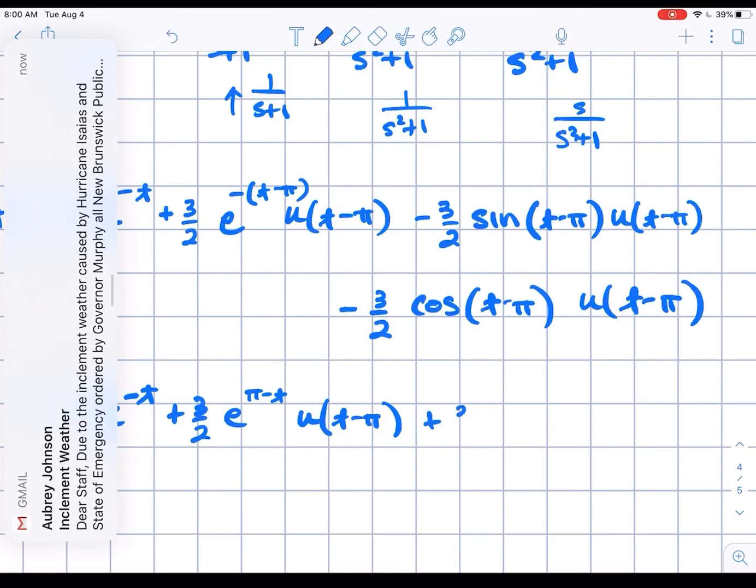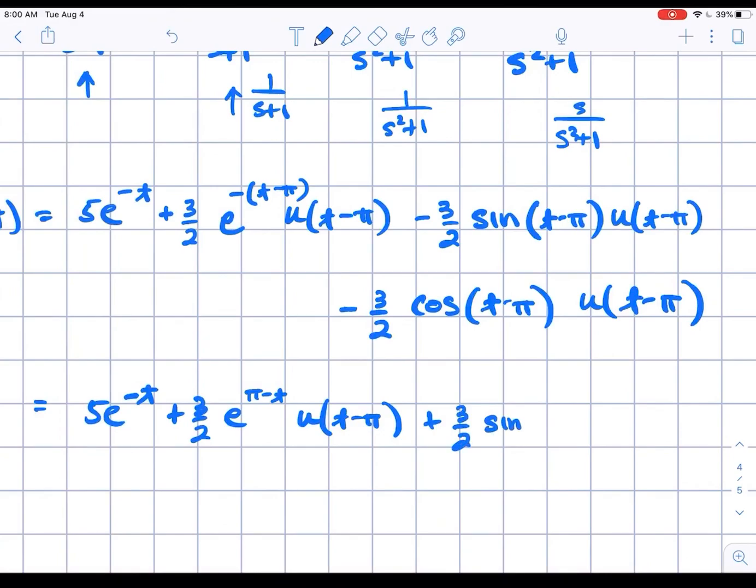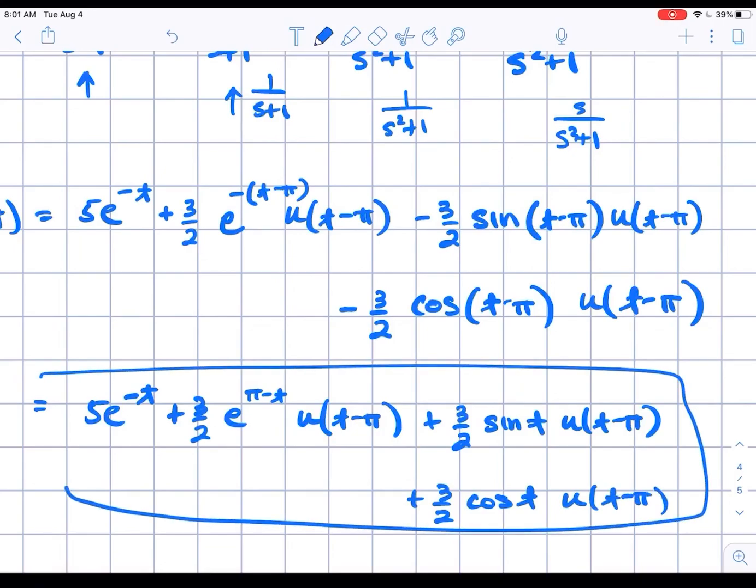So this winds up being 3/2 sine t. Not that this is necessary. I mean, I think you'll still get credit. And the same idea when you're moving cosine over by pi. It's going to be the negative as well. So then it winds up being another plus 3/2 cosine t, and then your unit step. So you can use your trig. This is a little bit neater, but this is the setup that you have here.